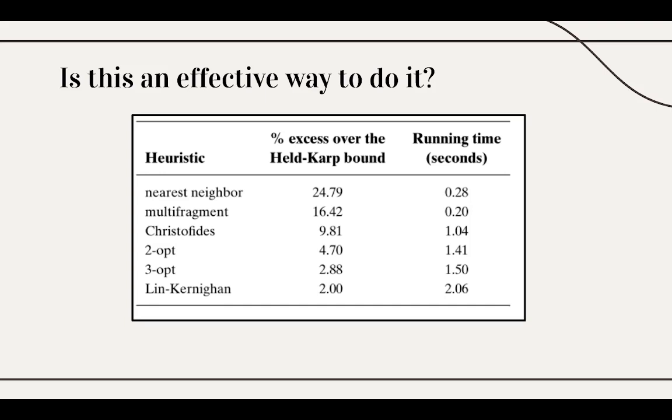And then at the end we have something like the Lin-Kernighan algorithm, which is the last heuristic we saw, the local search heuristic. And that one, as we can see, is really close to the Held-Karp algorithm, which is much more complicated. It's only off by 2%, and its running time is also really low. It's only 2 seconds. This way to go about things, to use some of our intuition and mix it with the raw power of the computer, turns out to have good results in the end.